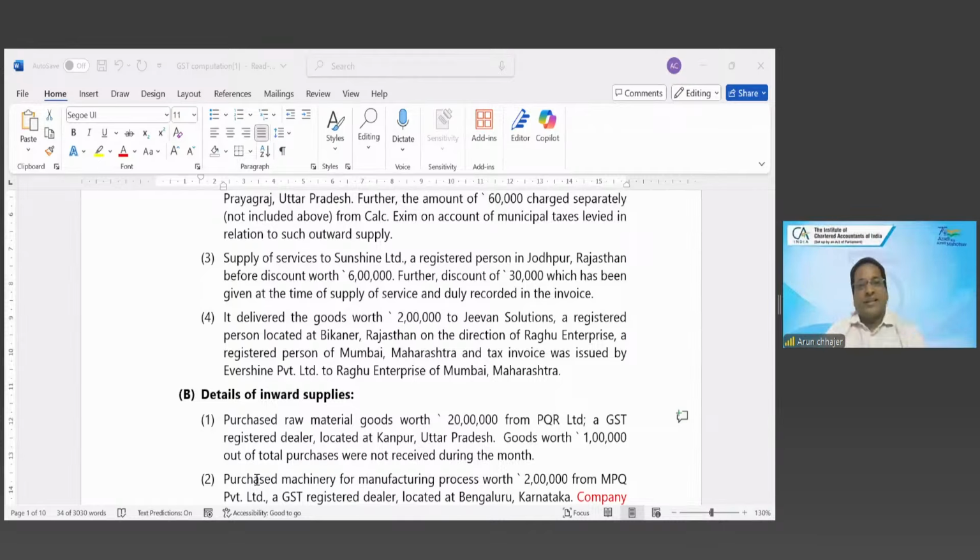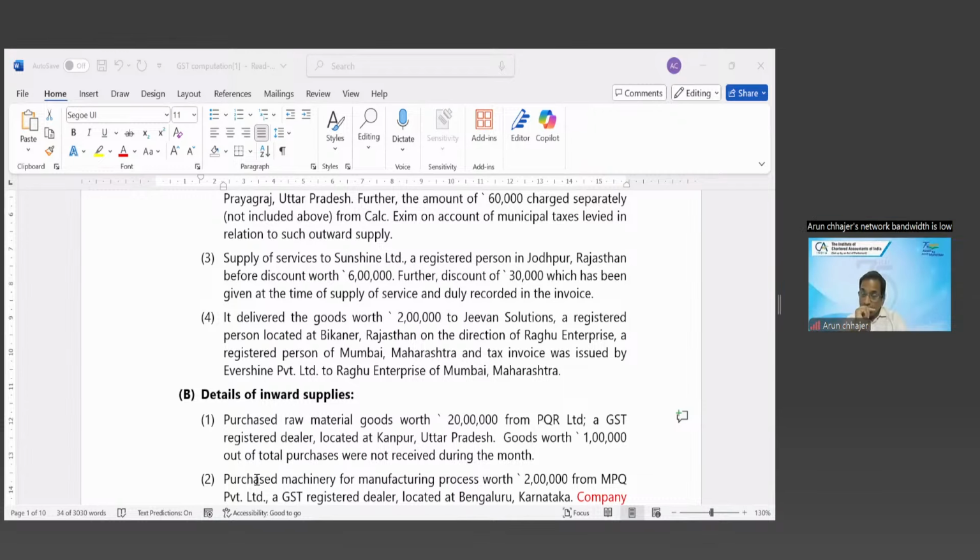If it is a single invoice of rupees 20 lakh, what would be your answer? I cannot avail any ITC. This is my question to all. Assume that it is a single invoice.